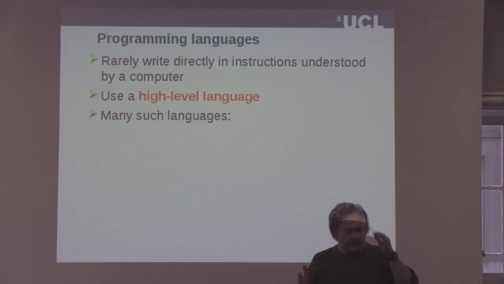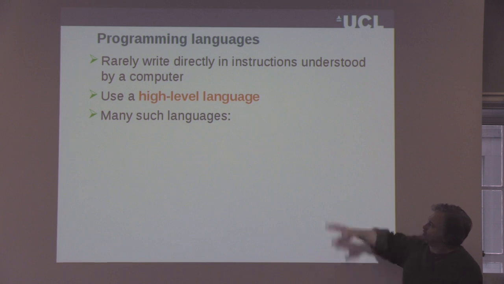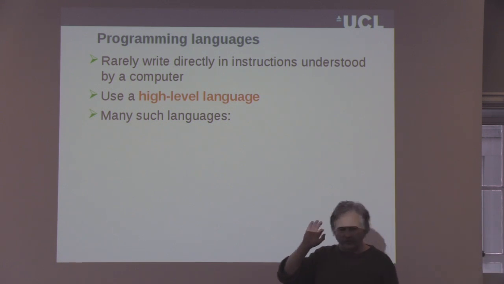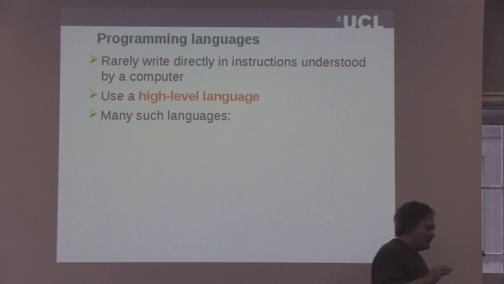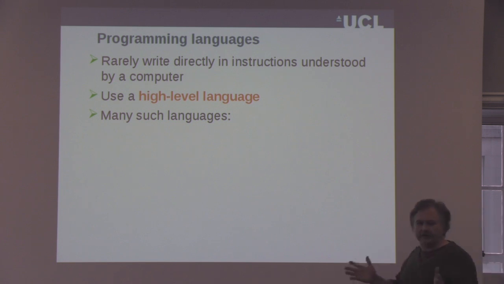I've already mentioned Python, but there are actually a whole range of different programming languages. Of course, the computer itself doesn't understand any of those languages. The CPU, which is the chip that actually does the work, works in a thing called machine code. And this is a very low-level thing.